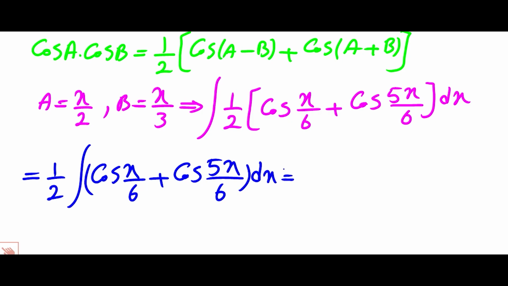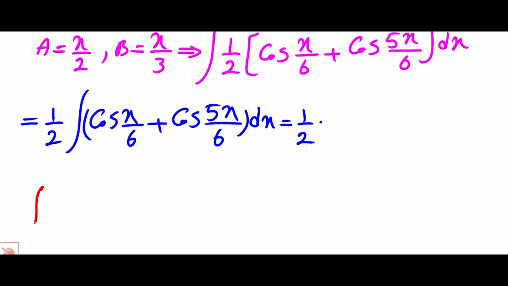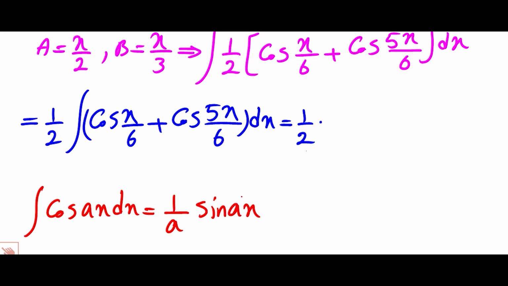dx equals 1/2 times, as you know, the integral of cosine of ax dx equals 1 over a sine of ax, right? So we must divide it by the coefficient of x. So the coefficient of x in cosine of x over 6 is 1 over 6, right?